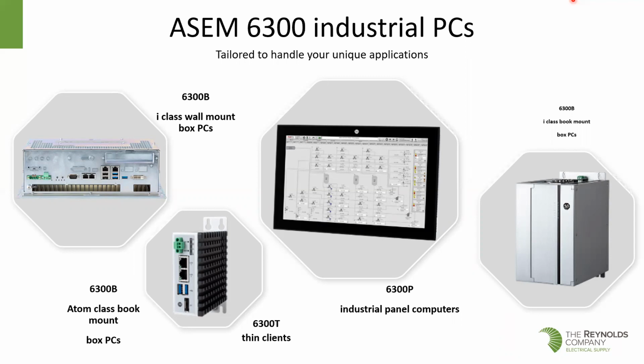On the touchscreens themselves, they are both analog resistive and PCAP style, all 24 volts. On the box PCs, you have options: some will have and some will not have a cooling fan, depending on your needs. And the thin clients are all Intel Atom, and they have no operating system and no SSD on them, so no memory. Again, network security is in play here.